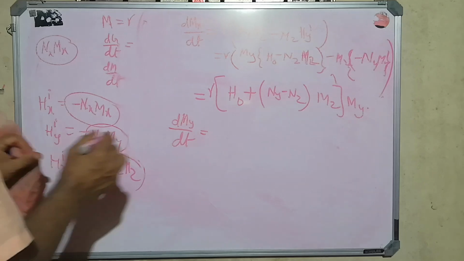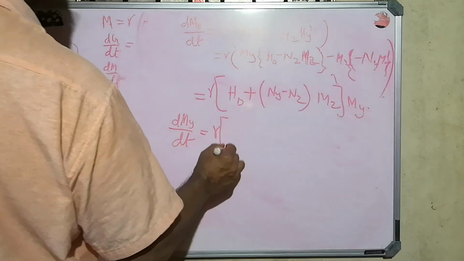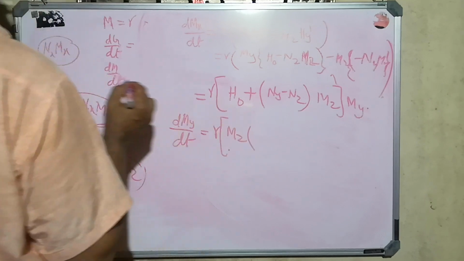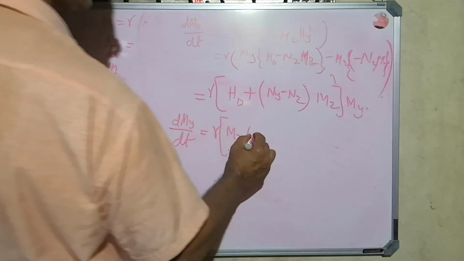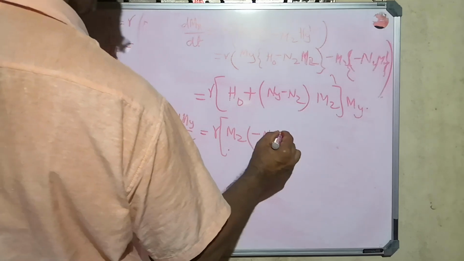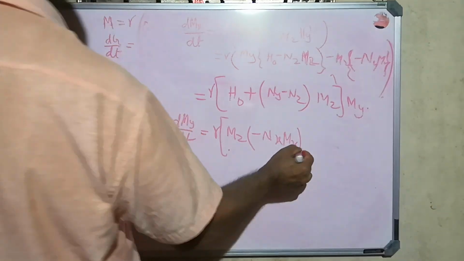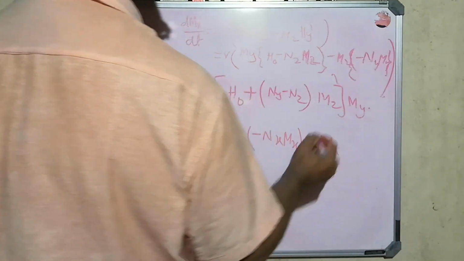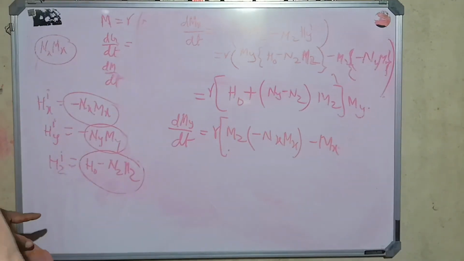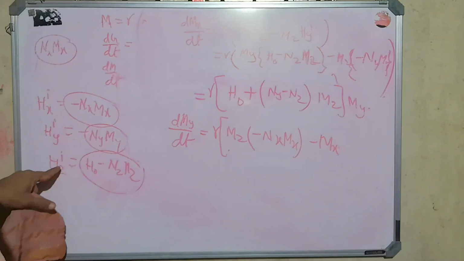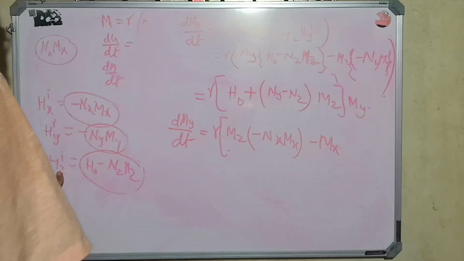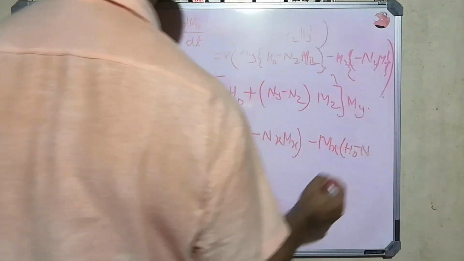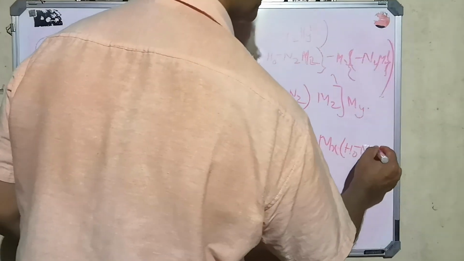So here, gamma into mz, in the place of hxi you have to write minus nx mx, minus mx, right, minus hzi. Hzi is nothing but h naught minus nz into mz.